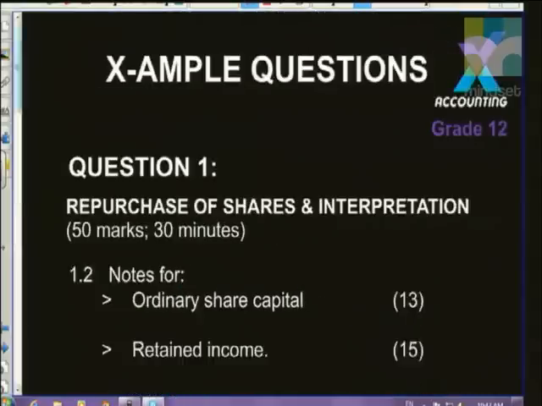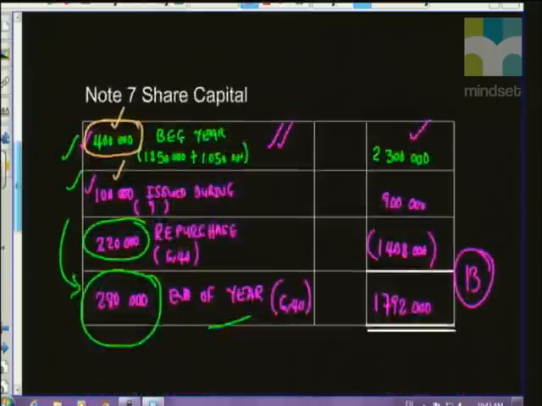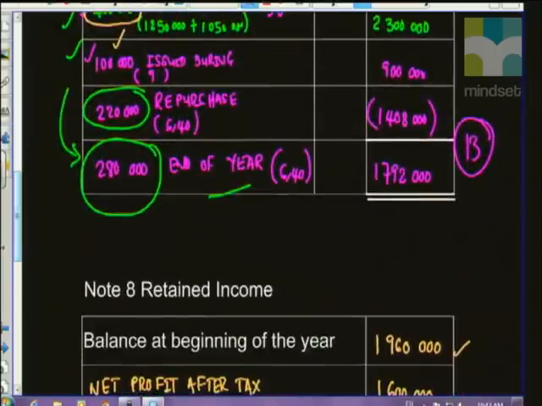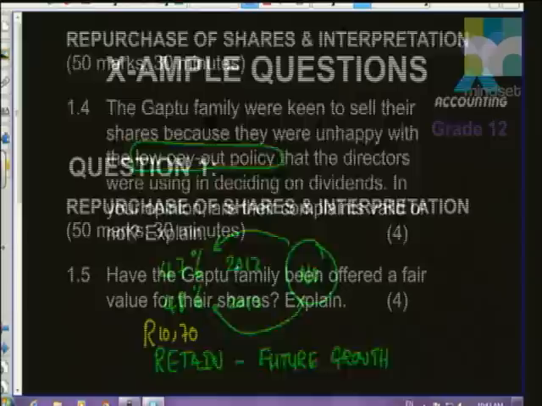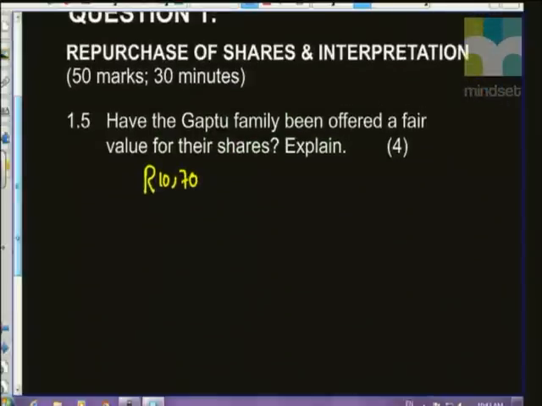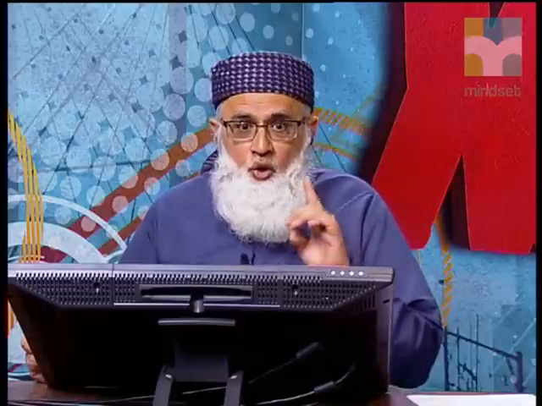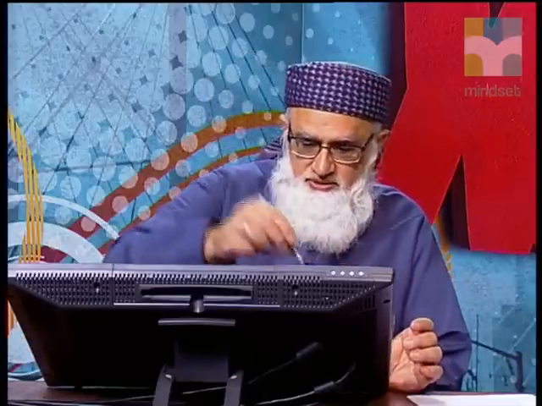Because we've done the calculations already. You see how important it is? There it is, 6 Rand and 40 cents was the average price of those shares. Therefore, keep that in mind, that the average price was 6 Rand and 40, so already they're getting more than the average price. And secondly, what else do we take into account?